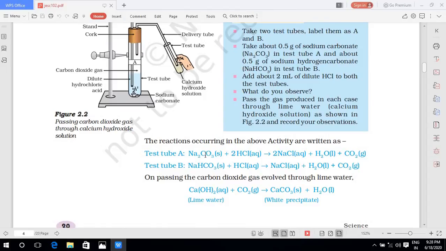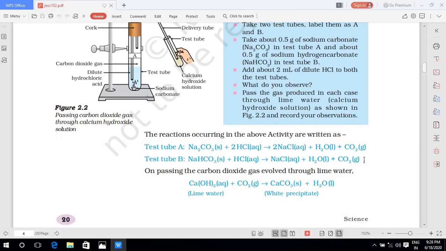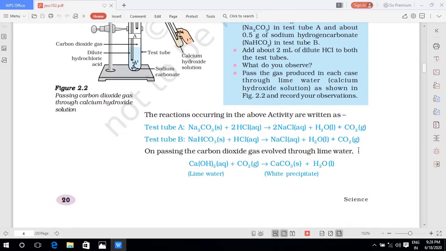They react with the acid to form salt and water by releasing carbon dioxide gas. So in both cases, it's the same thing. Metal carbonates and metal hydrogen carbonates react with acids to form, in this case, sodium chloride, the salt, along with water and carbon dioxide gas.